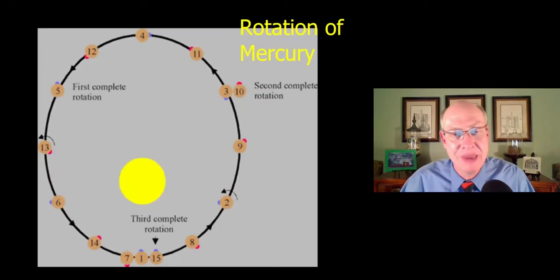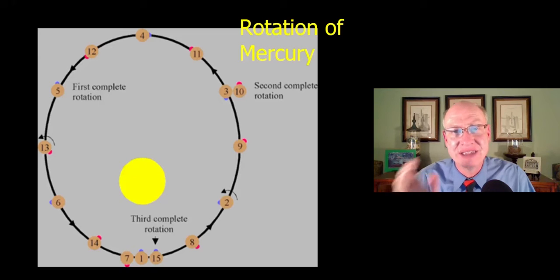So let's take a look at what we mean by that. Let's start down here at the bottom at position 1, and let's imagine that this blue dot up here is the Caloris Basin on Mercury, facing towards the sun, where Mercury is closest to the sun in its elliptical orbit. So it is right now noon at Caloris Basin. As Mercury orbits around the sun, Mercury also turns in a prograde fashion.